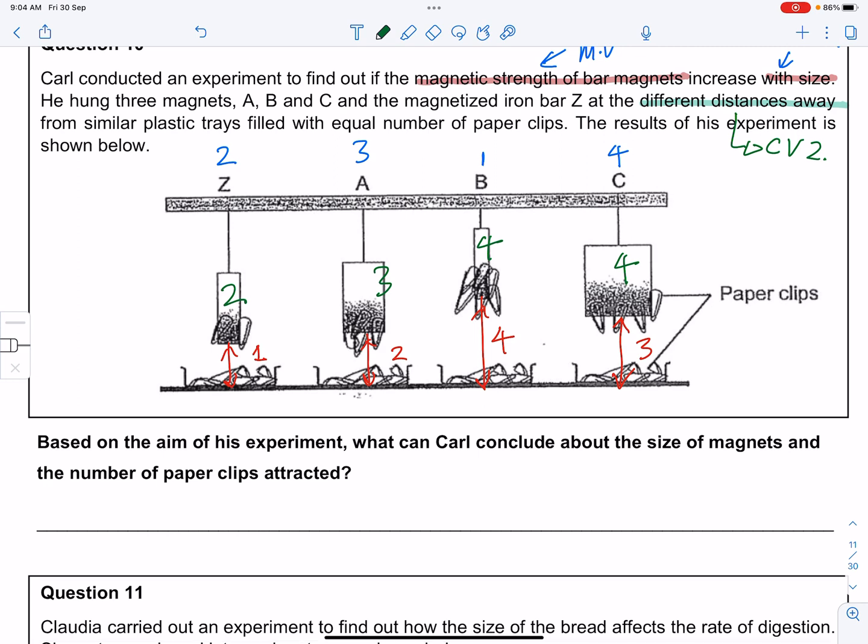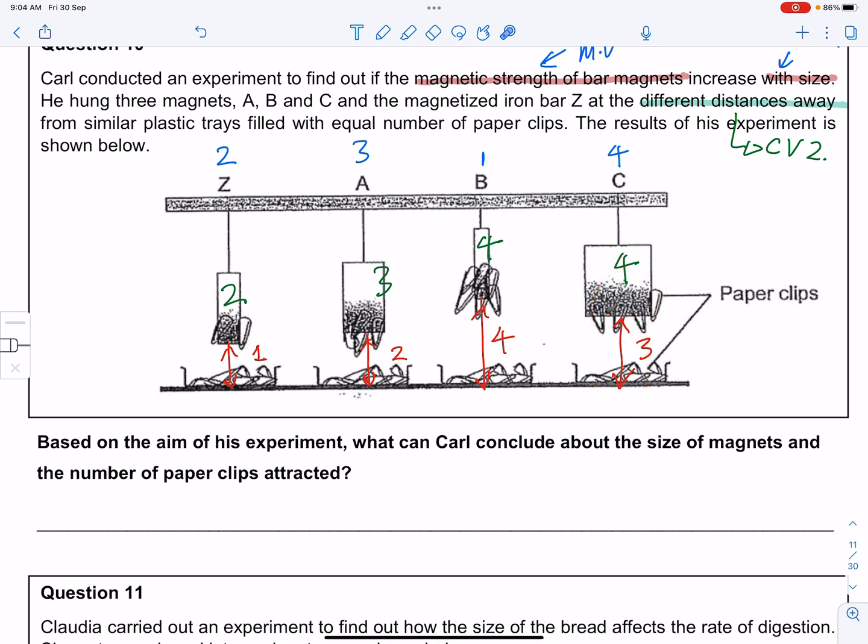So you take a look at it. If I have the biggest one over here, does it also mean that I would have the most number? So yes, it may be the biggest, alright? But yet my distance is not the greatest, I get 4.